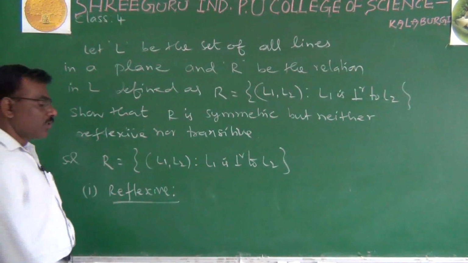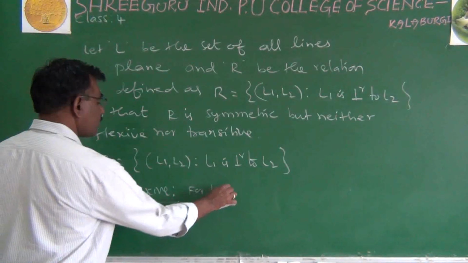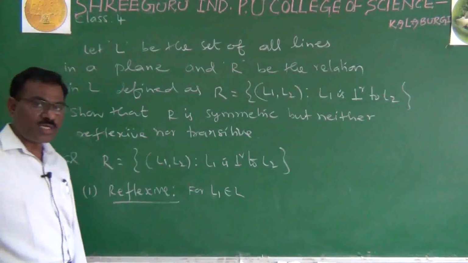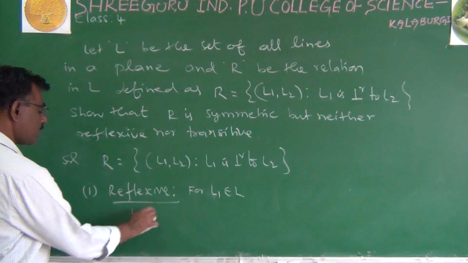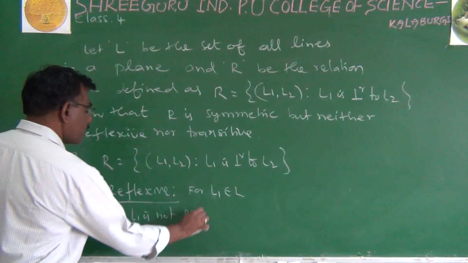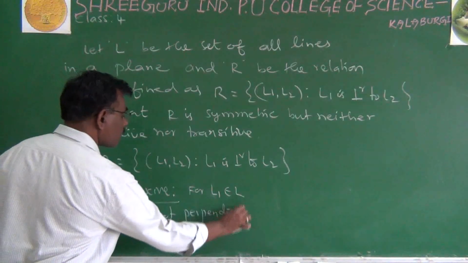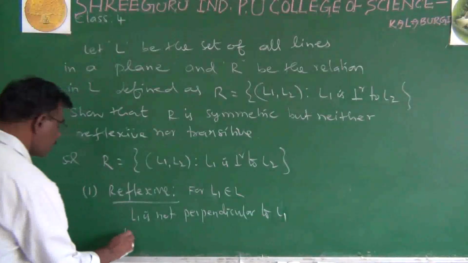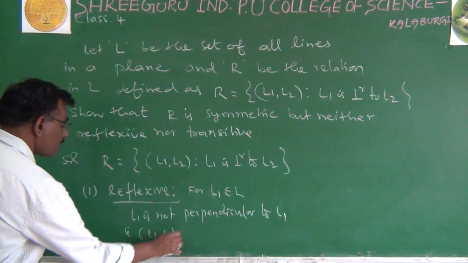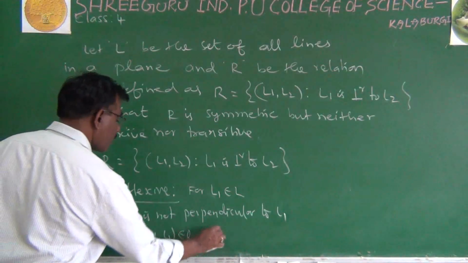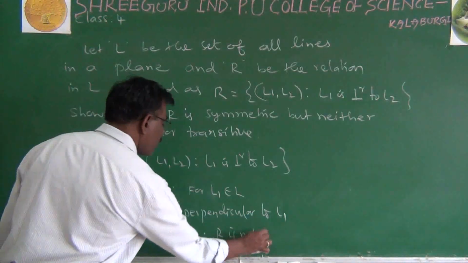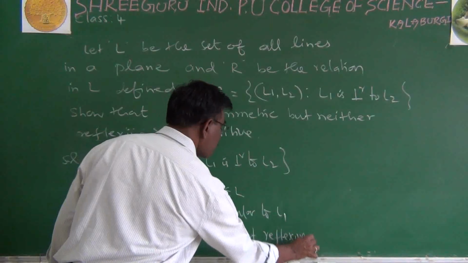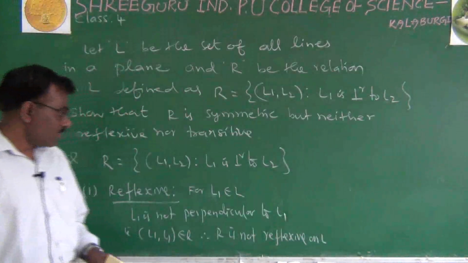For L1 belonging to the set capital L, L1 is not perpendicular to L1. That is, (L1, L1) does not belong to R. Therefore, R is not reflexive on capital L. Very simple.